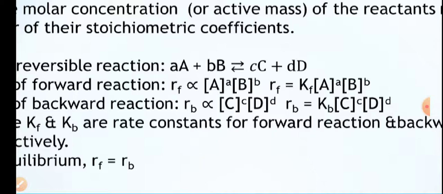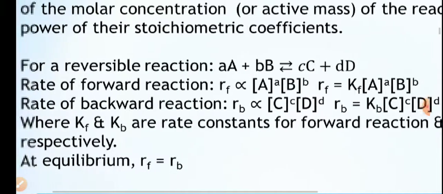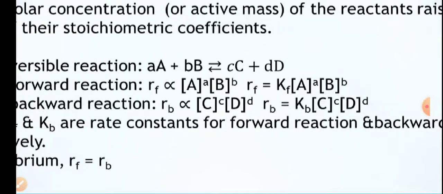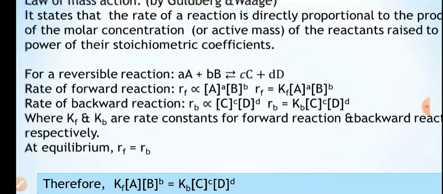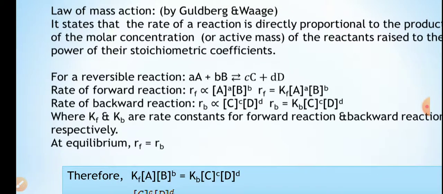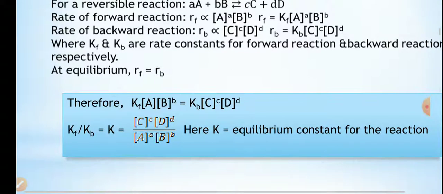So ultimately Rf equals Kf, where Kf is the forward rate constant, times [A]^a [B]^b. Similarly, for the backward reaction, Rb equals Kb times [C]^c [D]^d. Now if they are the same, then Rf will be equal to Rb.